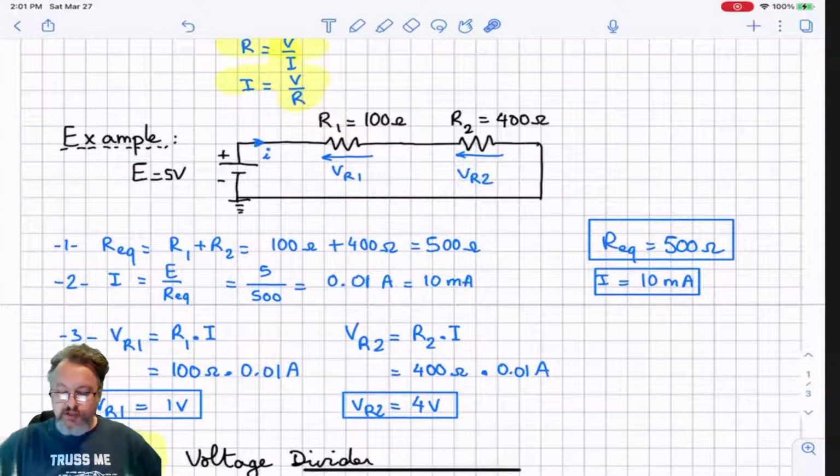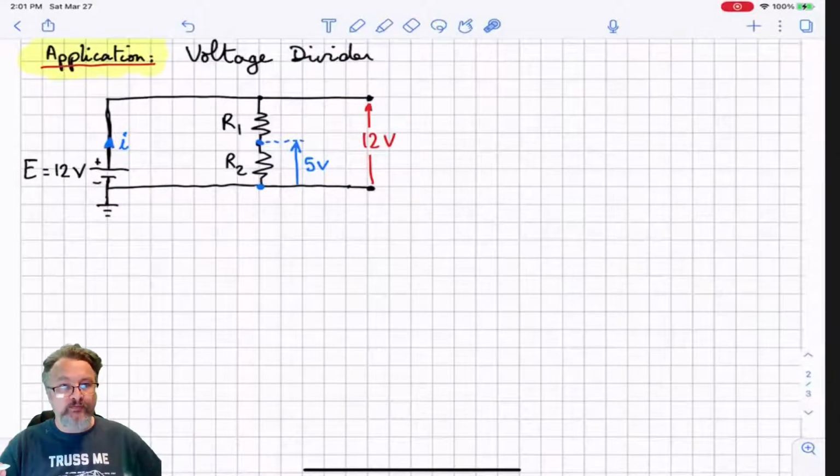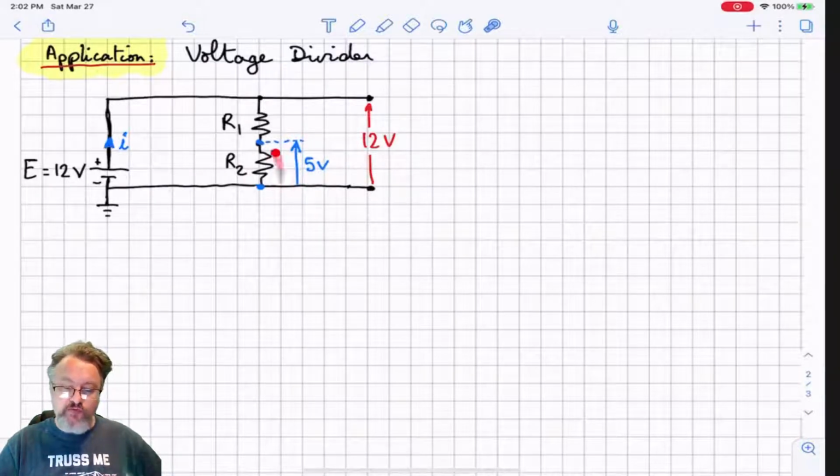Here, it's almost like the opposite problem. We have a battery, and I'm not giving you R1 and R2. This is what I'm asking you to do: find what R1 and R2 should be such that I have 5 volts dropped by R2.